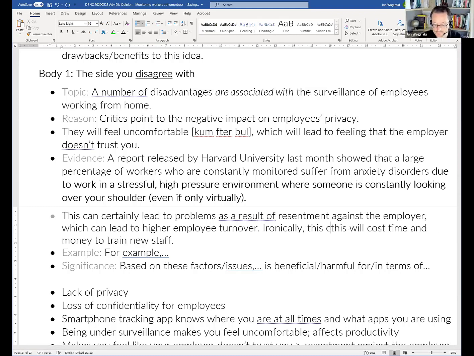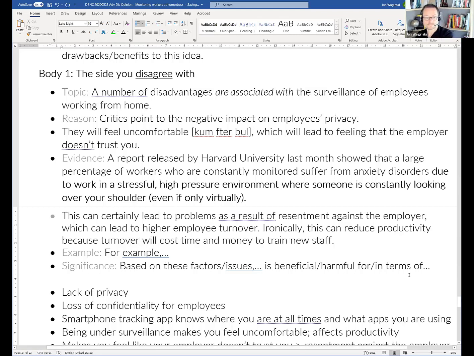This can reduce productivity because of turnover. Okay.